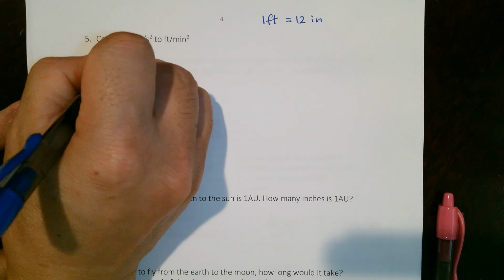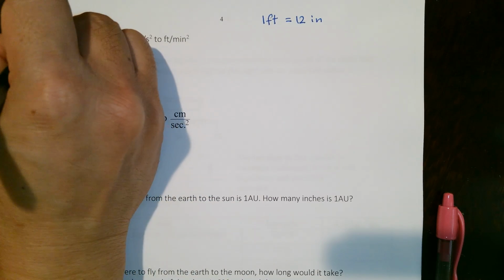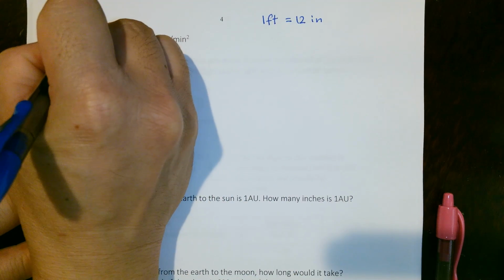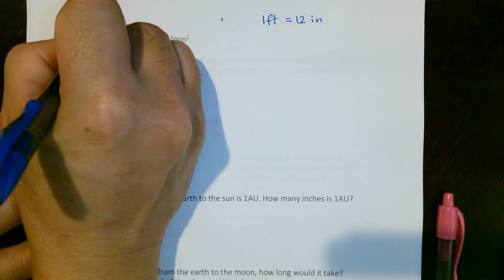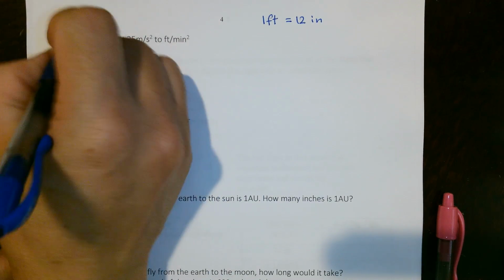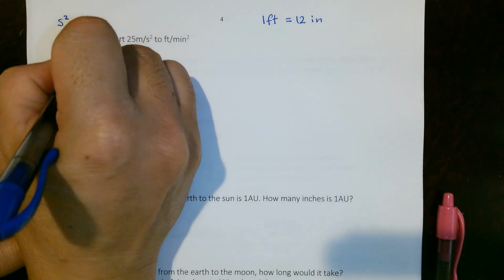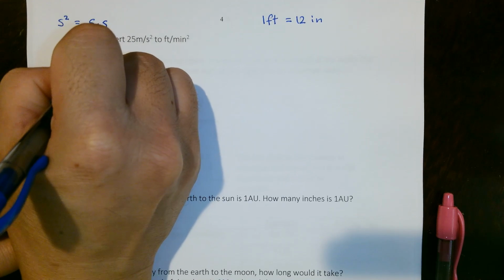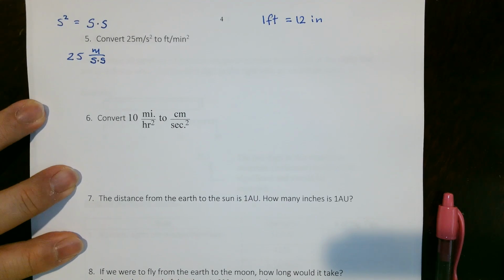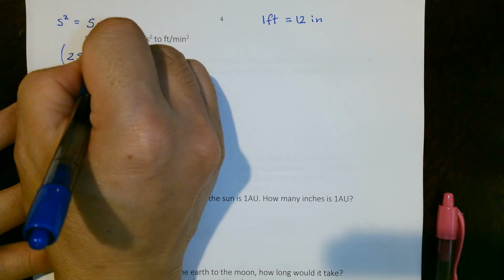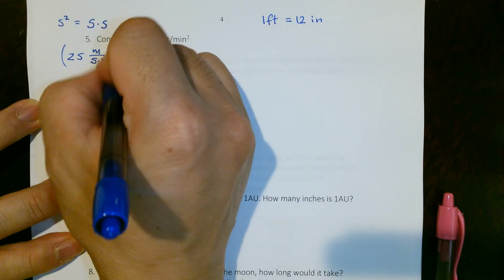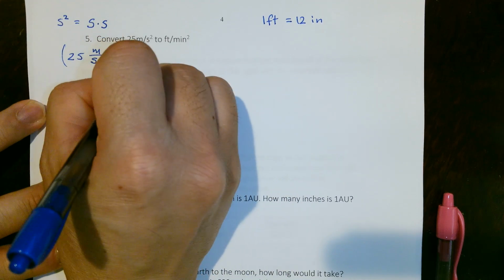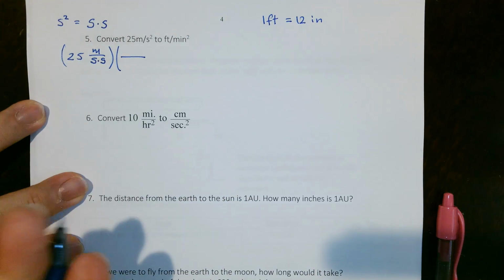So here, if I were to rewrite this, second squared is the same as seconds times seconds. So 25 meters per second times second is what we have. If we were to convert these meters into feet, let's convert it into inches first because that's what we know.